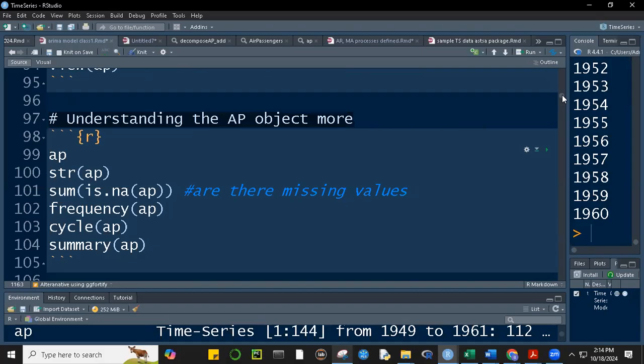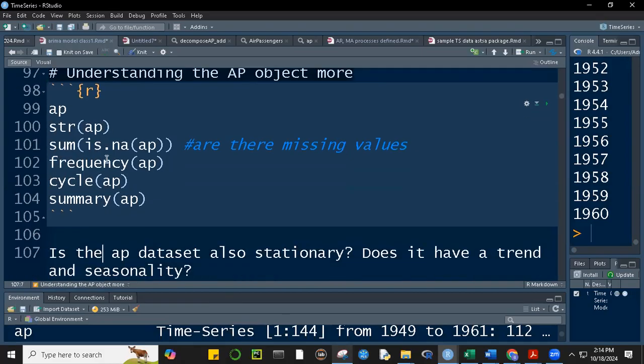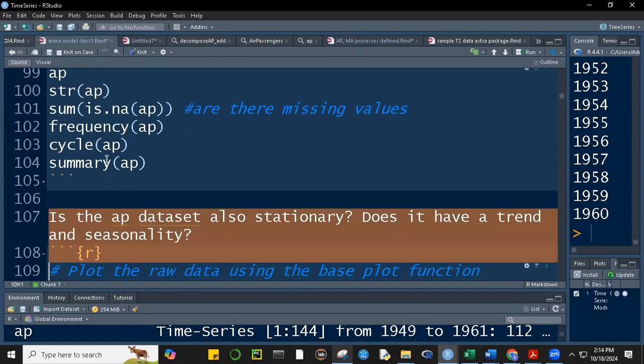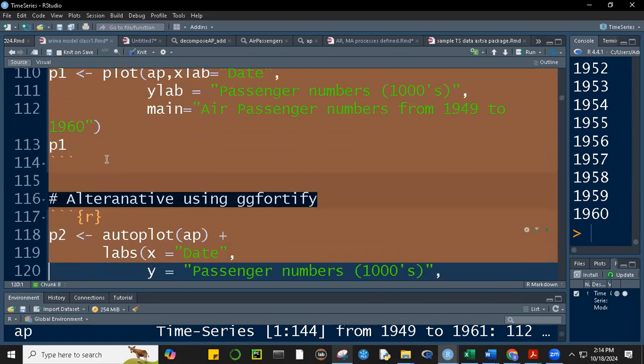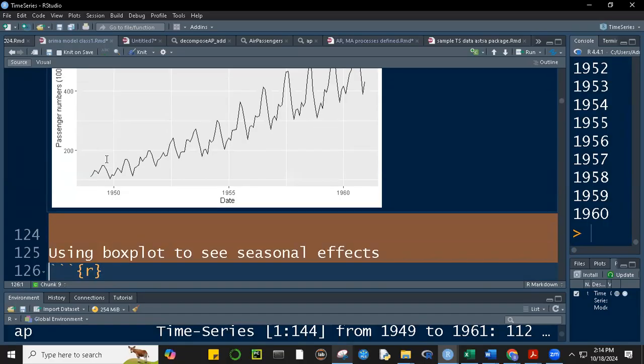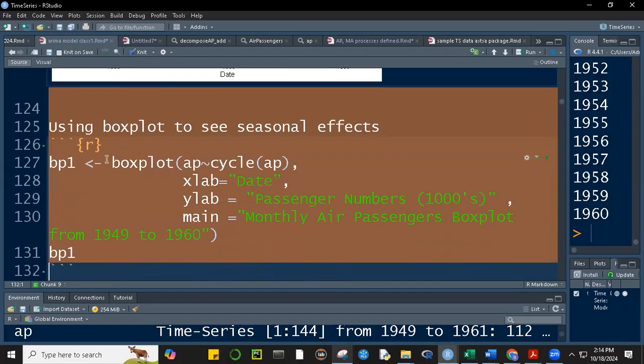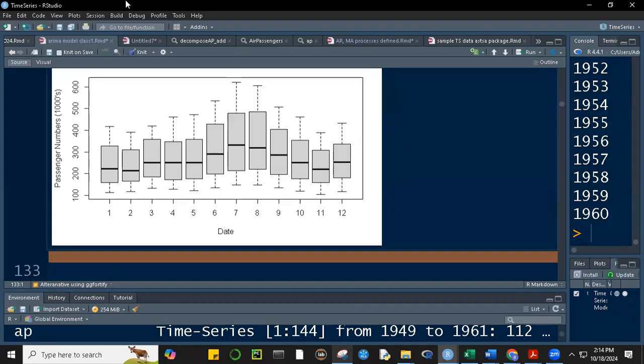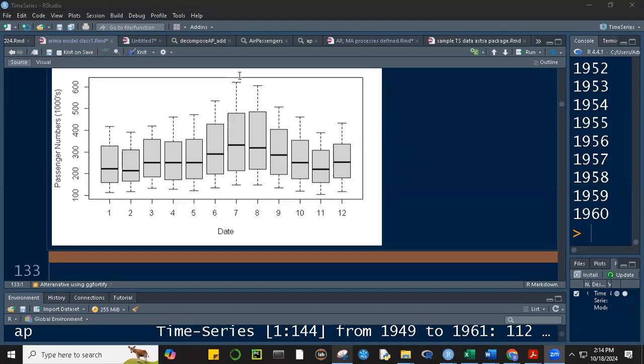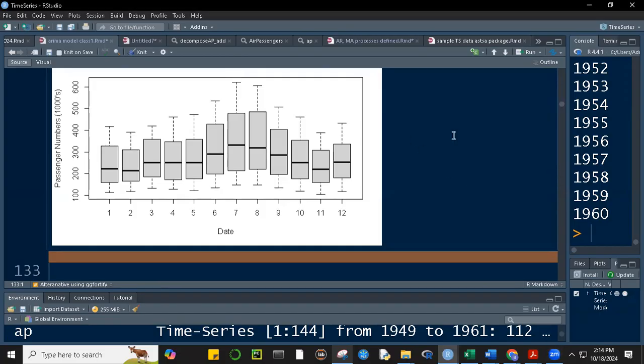I'm sorry, I wanted you to write the code here, but we're running short on time, so I'll just share these with you. Two codes, they're the same, class. Okay, these three. Control C, Control V. So we're trying to understand our air passengers data.